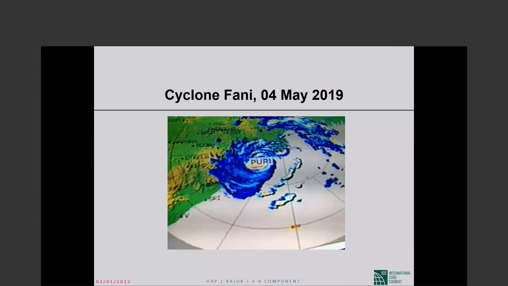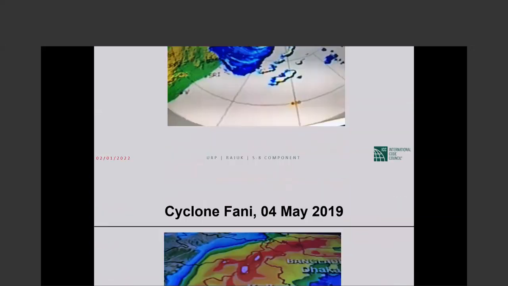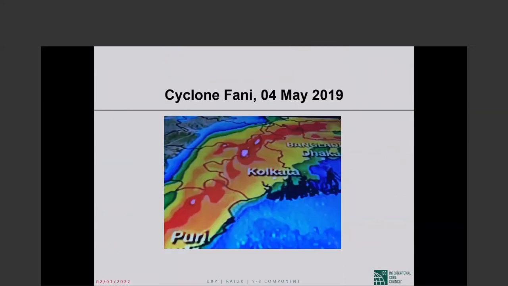Bangladesh, the last cyclone of significant size, I believe, was the one on the 4th of May of 2019, Cyclone Fani, originated in Orissa. I don't know if it originated there, but that's where it gained strength and then came through West Bengal.